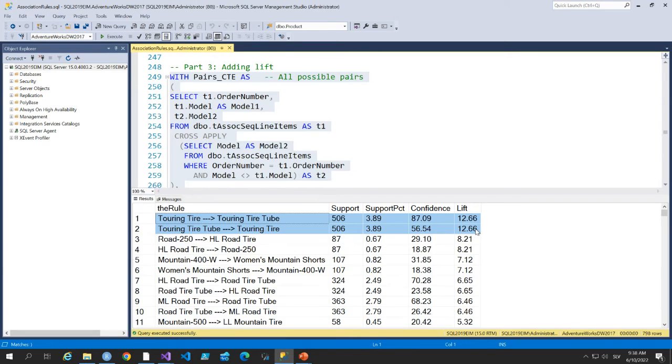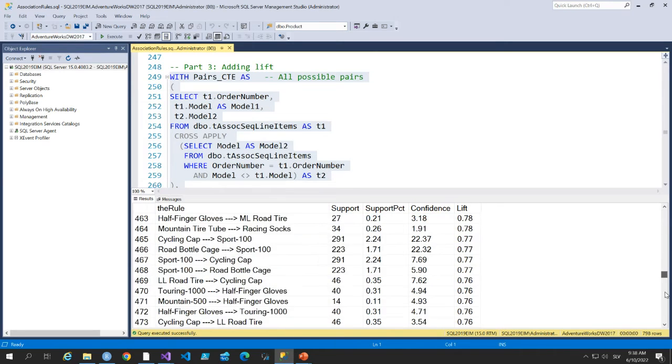Again, yes, this is logical, but you see now it's a different order, ordered by lift. So these two are extremely positively correlated. Also, Road 250, HL Road tire are extremely positively correlated. But with the first one, also confidence is extremely high. With the second one, the highest confidence is not that high. So apparently the first rule is really extremely strong.